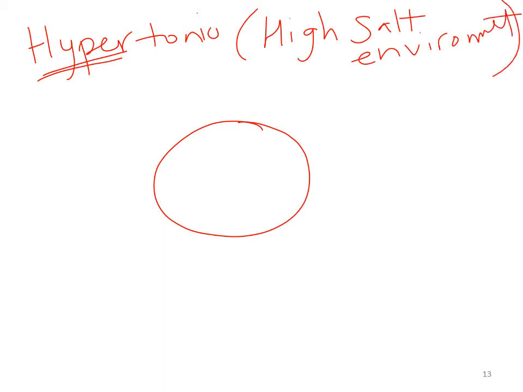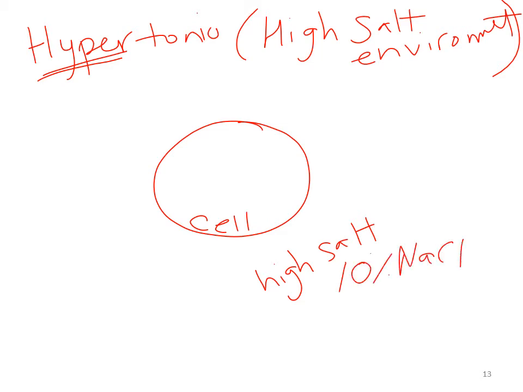Okay, so you have the cell here. You have high salt outside of the cell. So sometimes what we'll say is, let's say 10% NaCl on the outside versus 2% NaCl on the inside. Okay, high salt tells you what?